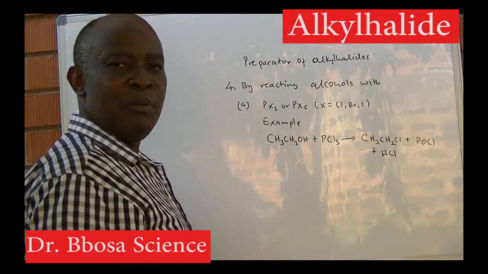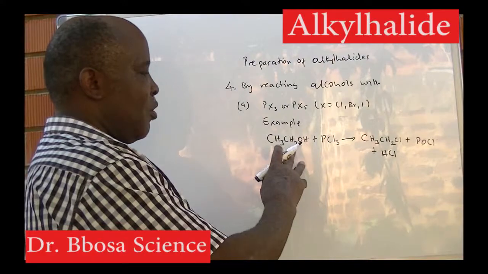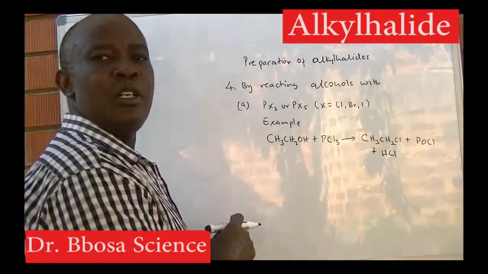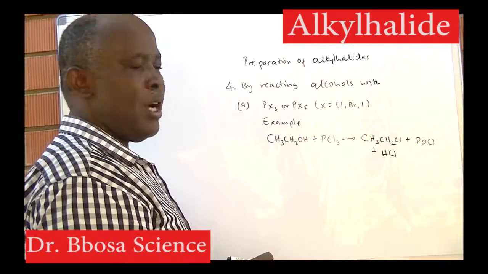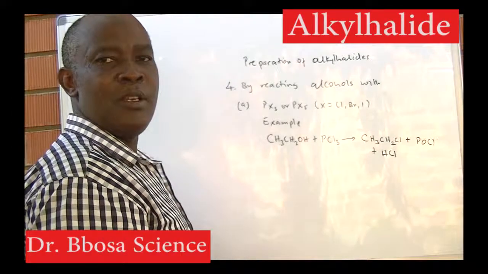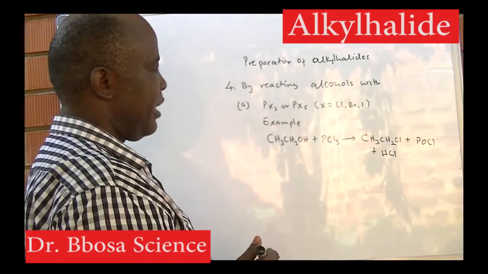HCl fumes in moist air, therefore alcohols produce fumes with phosphorus trichloride or phosphorus pentachloride.